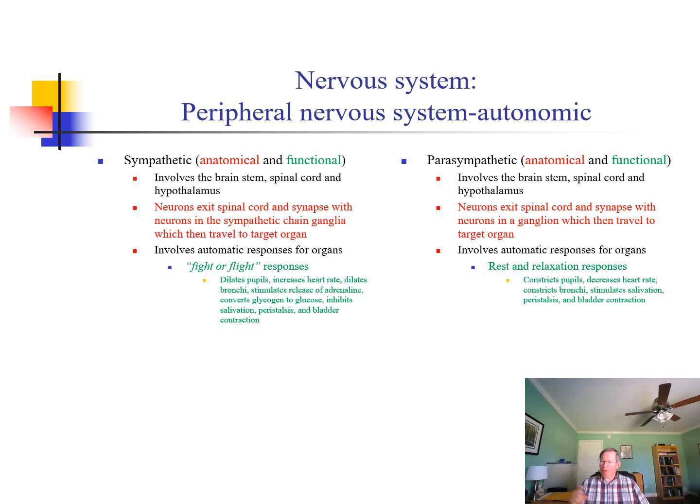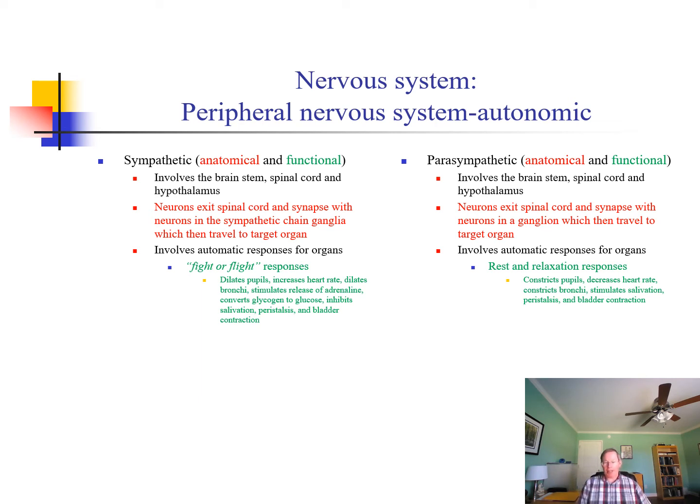And this is different from the parasympathetic, where they'll synapse with neurons in a ganglion that is very close in most cases to the target organ. For example, towards the eyes, it will synapse with, let's say, the tear duct. And so it's different. It's not a chain. And I'll show you that in just a minute.